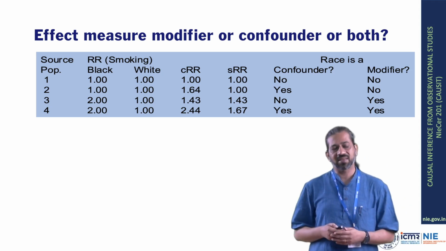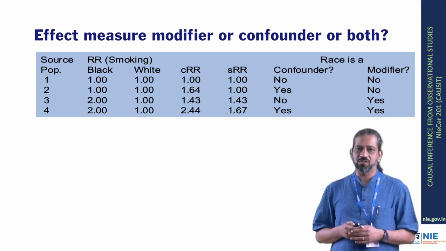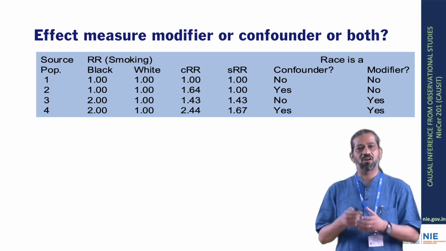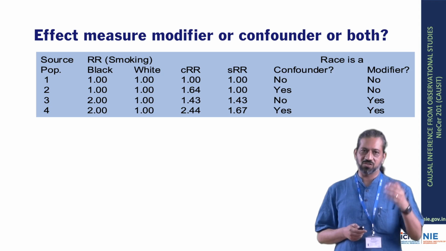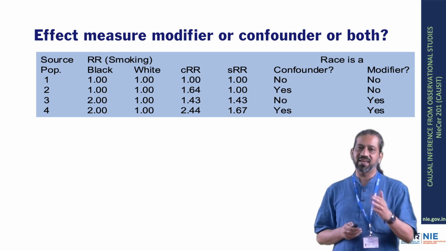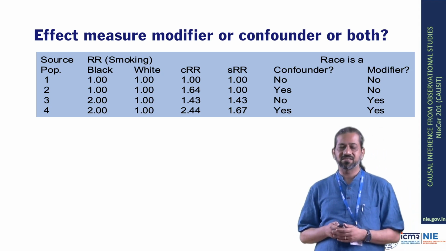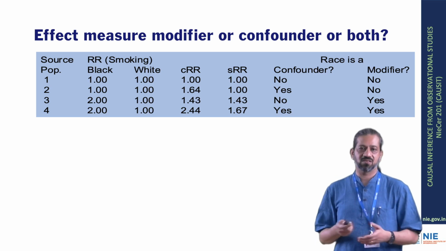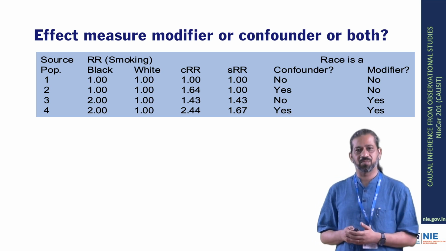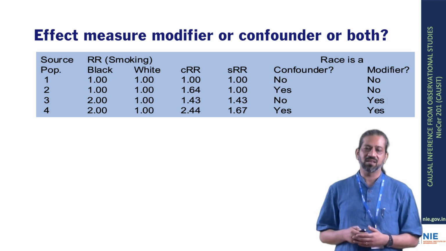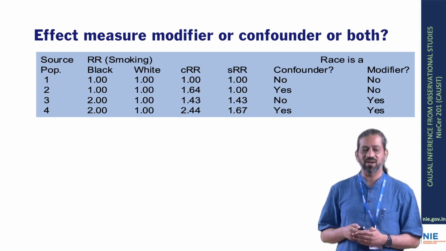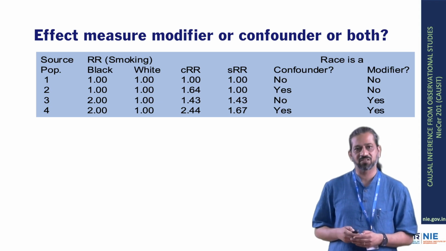We also calculated the risk ratios for the 2 strata of black and white for each of these source populations. And then we calculated the adjusted or standardized risk ratio for each of these populations. So in population 1, the adjusted risk ratio is 1. Here it is adjusted for the effect of race.